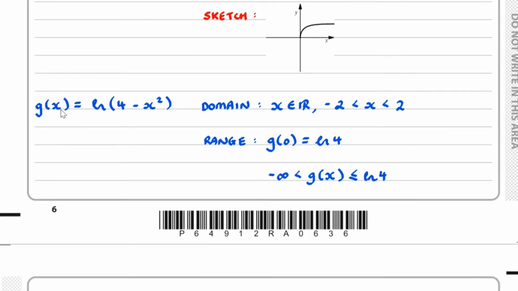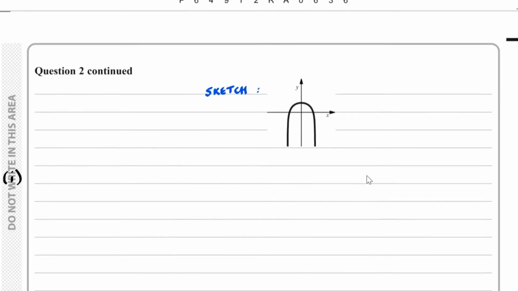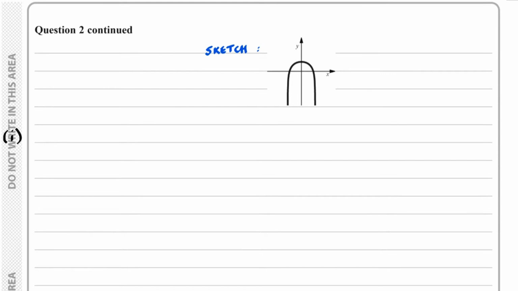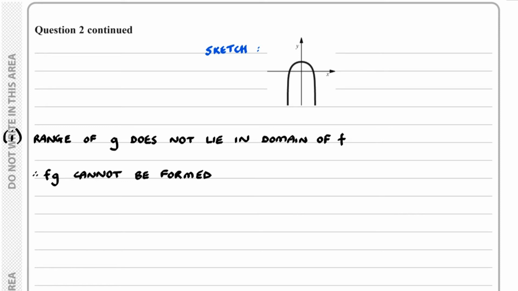But from here, we are saying that we can substitute in values from -infinity to the natural log of 4. So the problem here is the range of g does not lie in the domain of f, which means f of g cannot be formed.